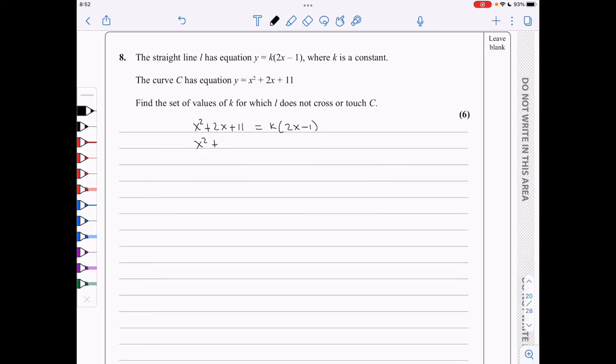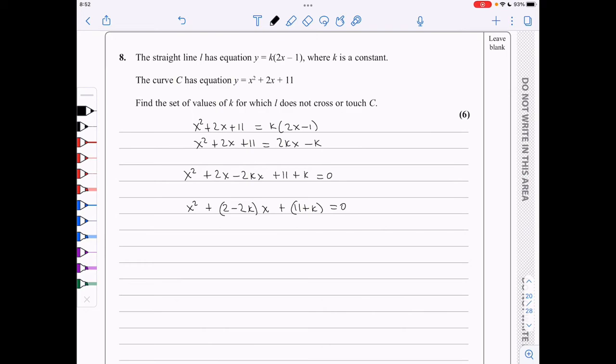I will be expanding the right hand side and then collecting everything on the left. So we've got x squared plus 2x minus 2kx plus 11 plus k is 0. So I will write as x squared plus 2 minus 2k brackets x plus 11 plus k is equal to 0.